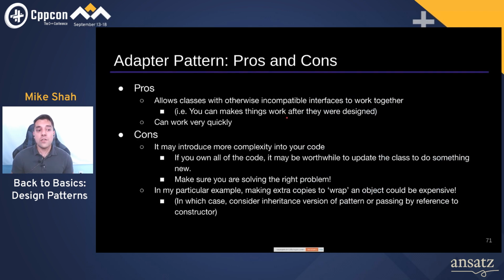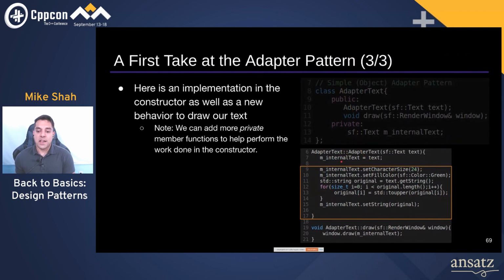Okay, so some pros and cons of the adapter pattern. Again, every design pattern has some pros and cons. A few of the pros are that you allow classes with otherwise incompatible interfaces to work together. So you can make things work. You can grab the exact data that you need from some other class or extract it. The example I did for that, which is a little bit subtle here, is I'm grabbing the text as a string from this class.